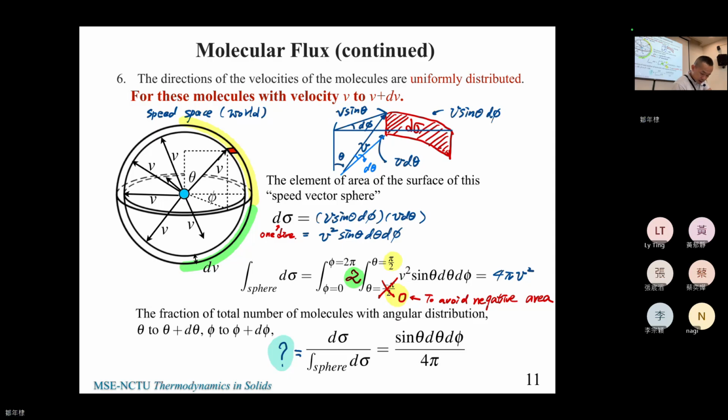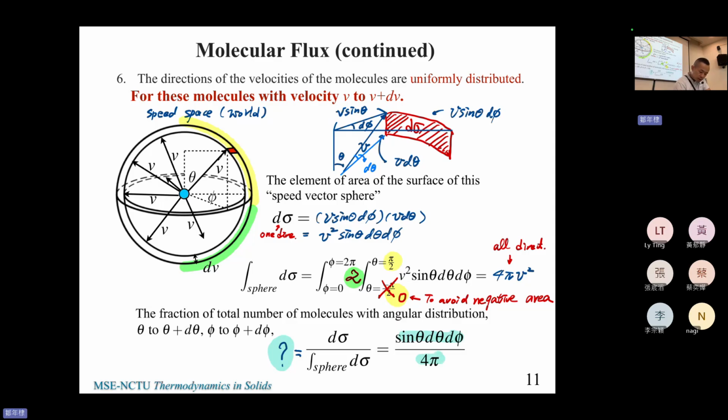This is all directions. So we want to get the ratio between them: d sigma over 4 pi v squared. So, okay, that's exactly what we want.